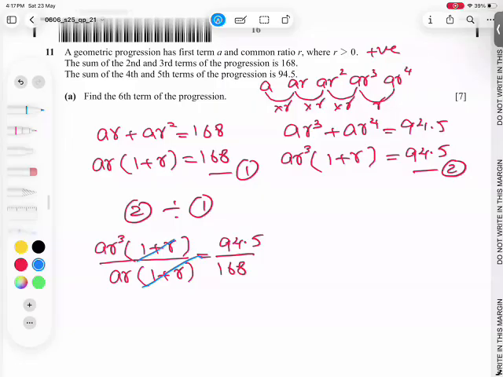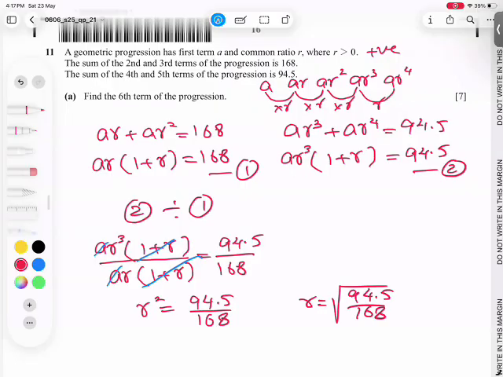This cancels out, this cancels, and the R powers cancel. So I get R squared. Take a root of the whole, and it becomes positive and negative 3/4.